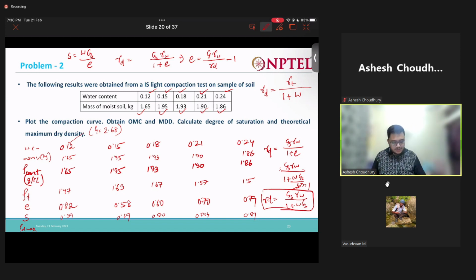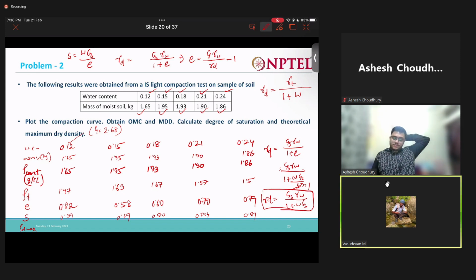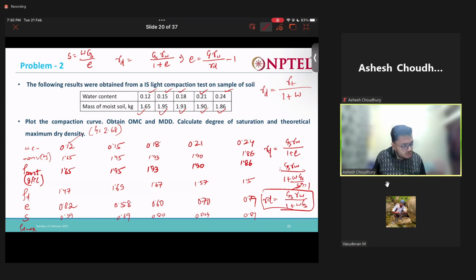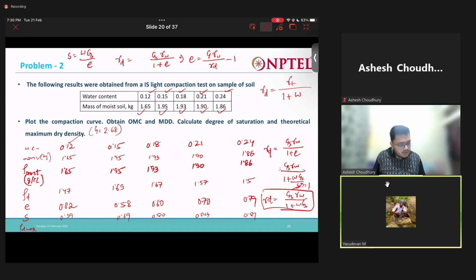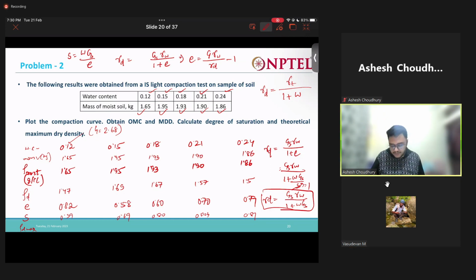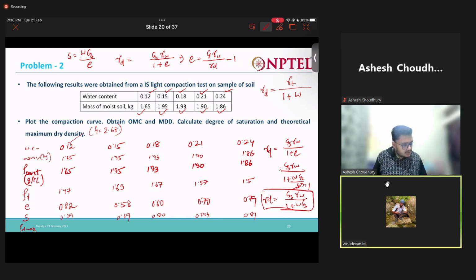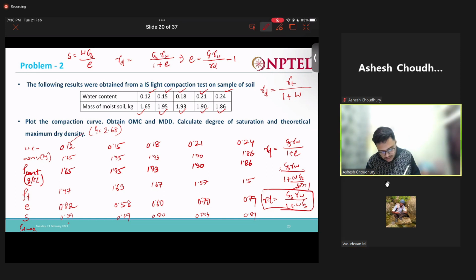Gs is with suffix s, saturation. G is 2.68, right? 2.68 into 1 divided by 1 plus 0.12 into 2.68. So it's 2.03. Similarly, you can get all other values.